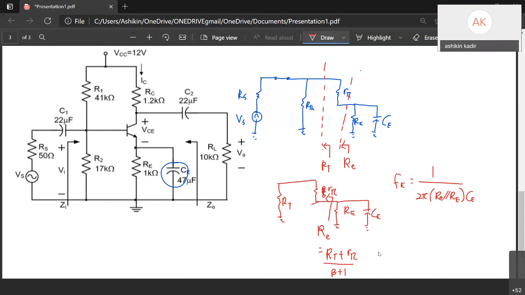Wait, I check. RS is short, RT and R pi are series, so we divide with beta plus 1. Yes, this one. We can refer to the mid frequency slide, mid frequency analysis.